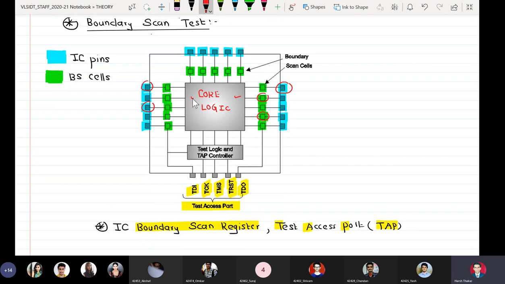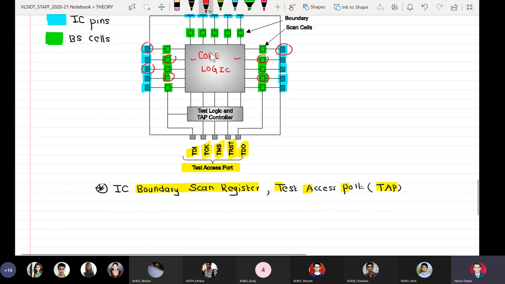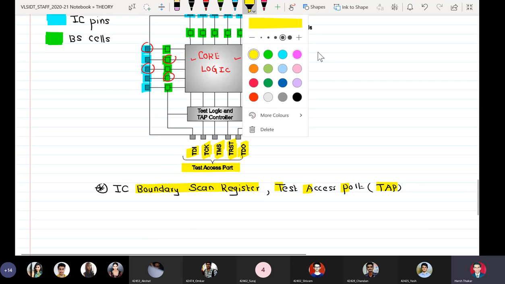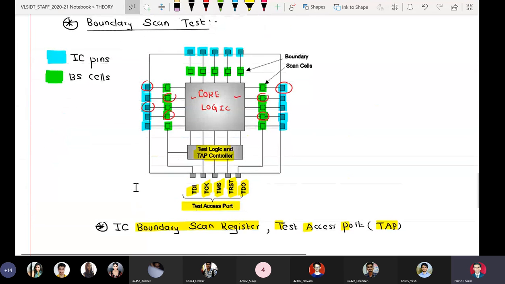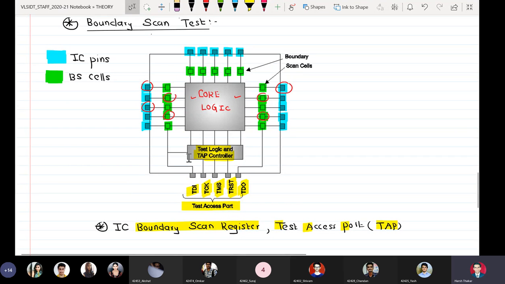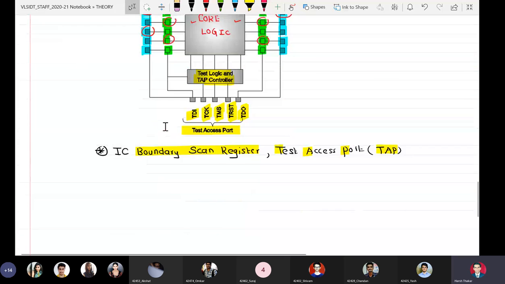And then we have what is called the test logic and TAP controller. The only difference between an integrated circuit without boundary scan ability is that in that IC there is a direct connection between the IO pins and the core logic, while in an IC which is boundary scan compatible, we have boundary scan cells between the IC pins and core logic.